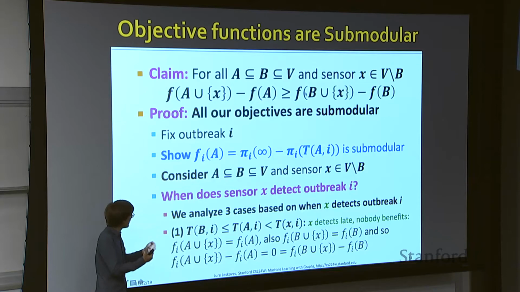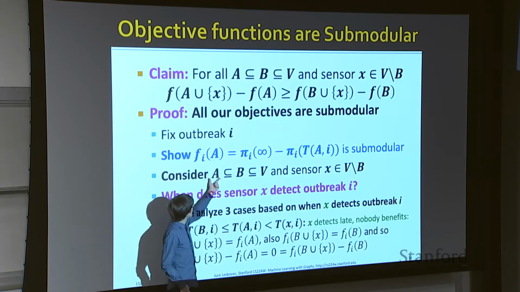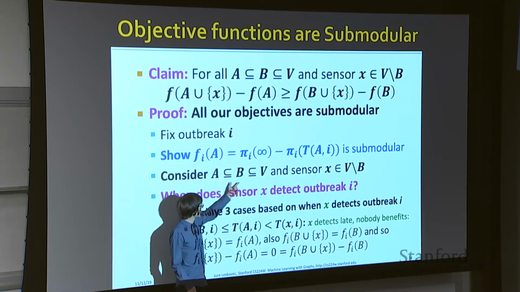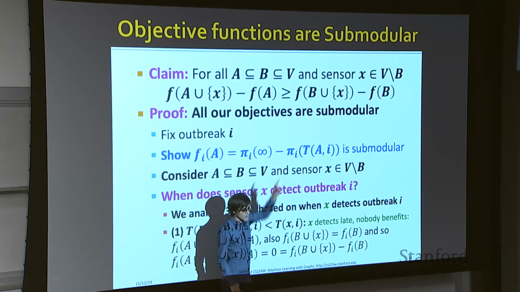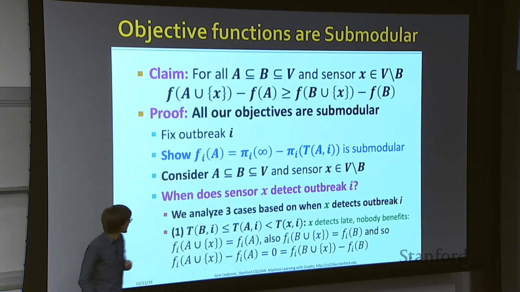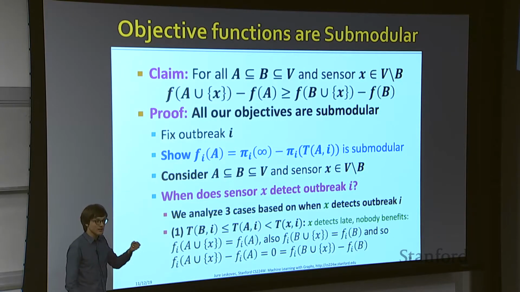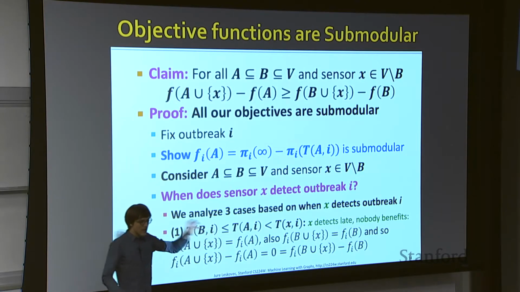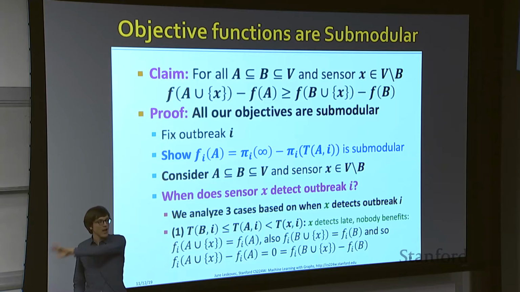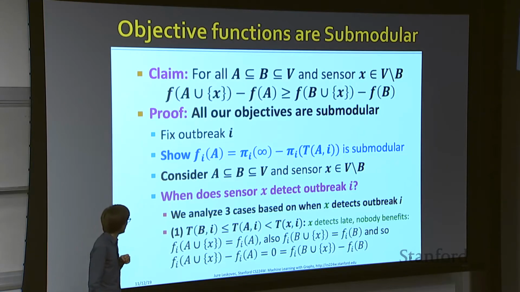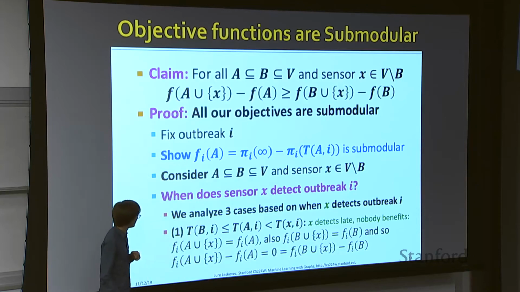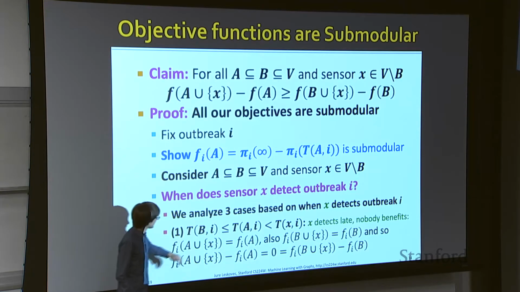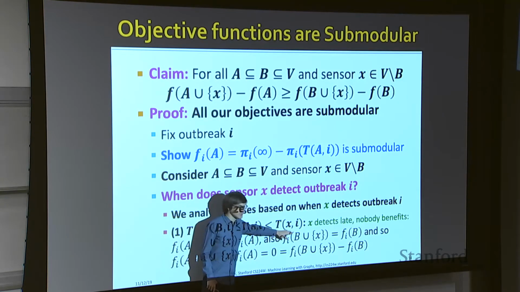We know when the sensors in A detect the outbreak, we know when sensors in B detect the outbreak, and now we are asking when this sensor X detects the outbreak. There are three cases: X can be first, X can be in the middle of A and B, or X can be after A and B. So we need to analyze these three cases separately. So let's say that X detects late.